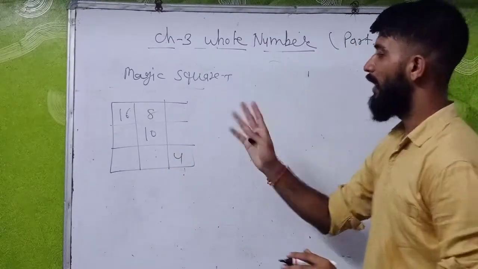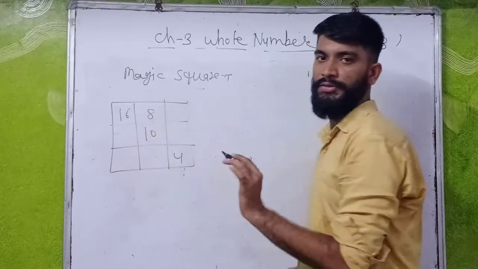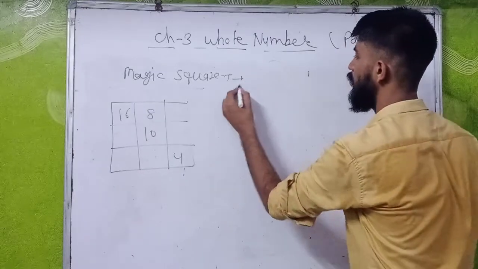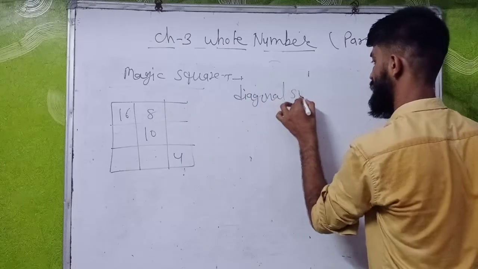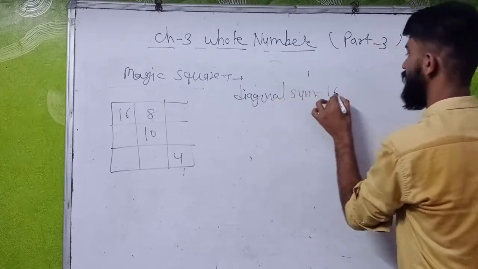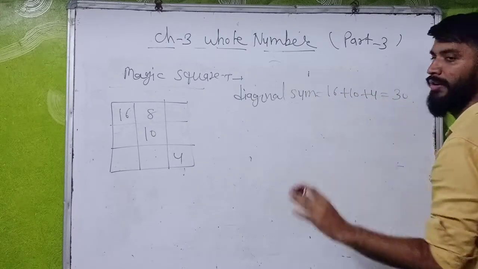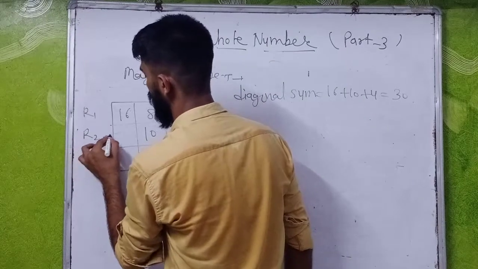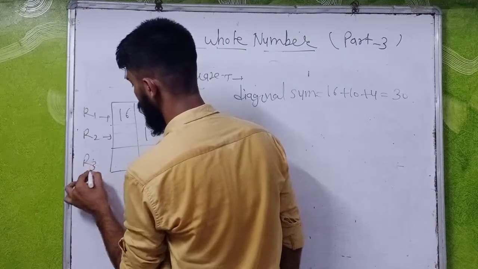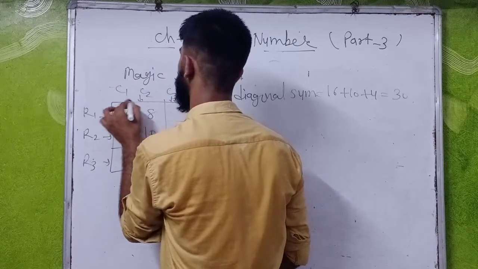This one is given, and the question says this is a magic square, complete the remaining numbers. Here the diagonal sum is given: 16 plus 10 plus 4, that is 30. Now we can name the rows R1, R2, R3 and the columns C1, C2, C3.